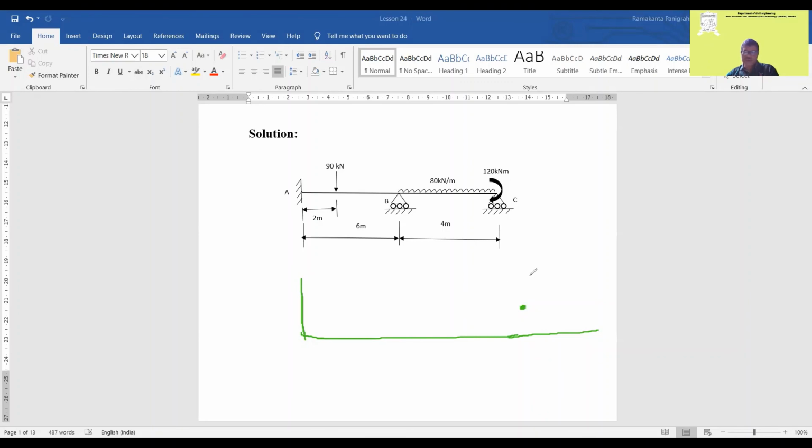Clockwise here 120, 120 here, and clockwise means negative 78 here, something 80 or 78 here. This is the exact value. It will come like this, a straight line. It will go like this, 120, and it will come to 0 here.